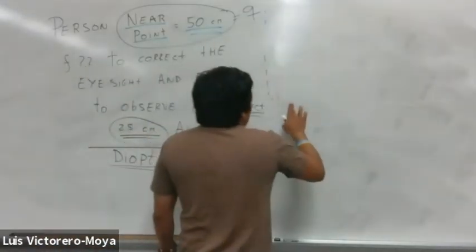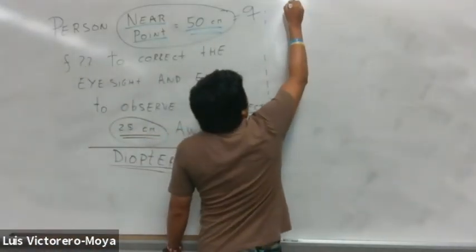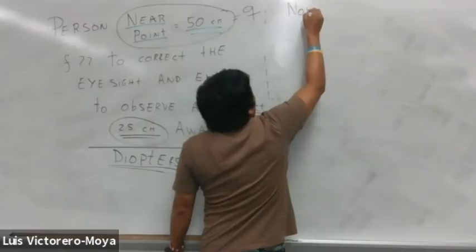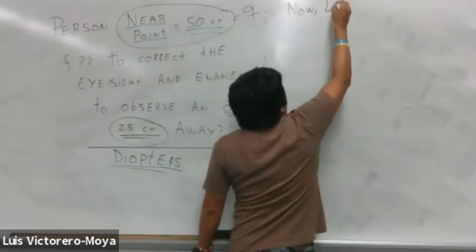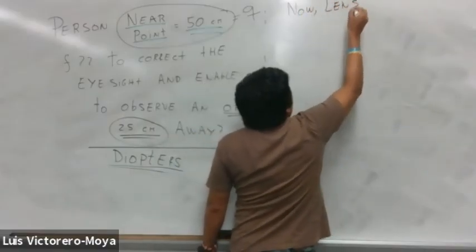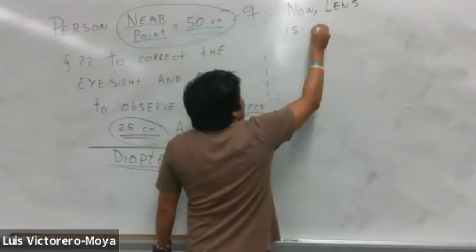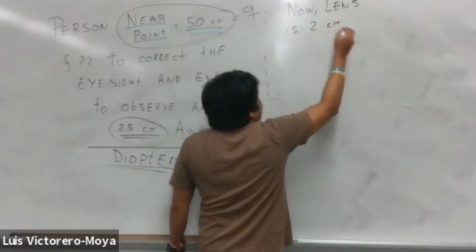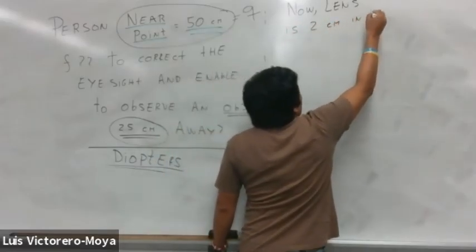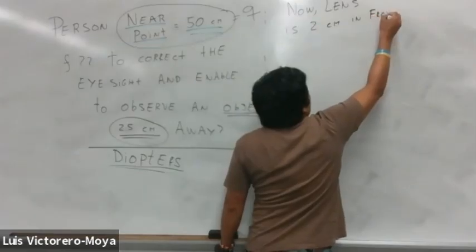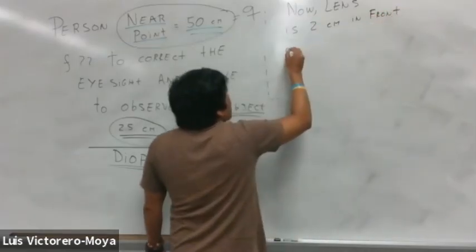use the same information, but now the lens is 2 centimeters in front of the eye.